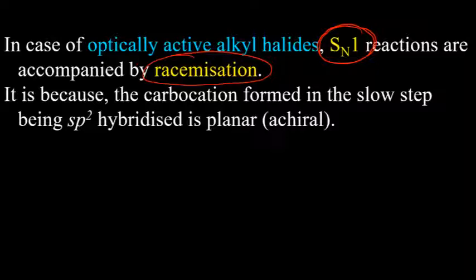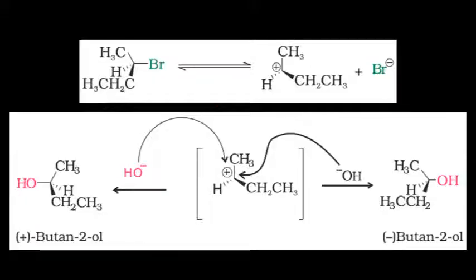The carbocation formed is actually planar, sp2 hybridized. I hope you are going through the recordings of the videos on a regular basis and revising. Otherwise, you will not be able to understand what I am talking about if you don't understand the previous classes' concepts.